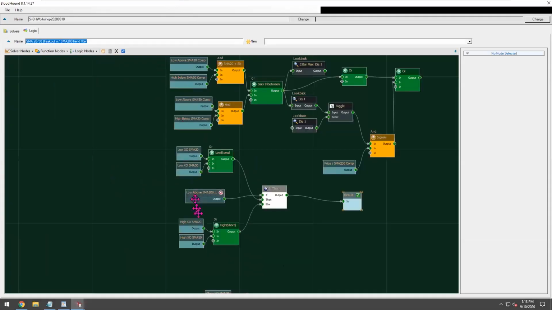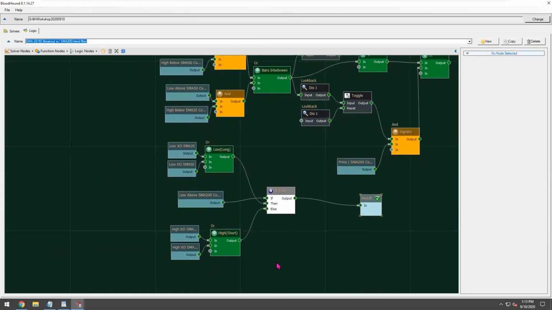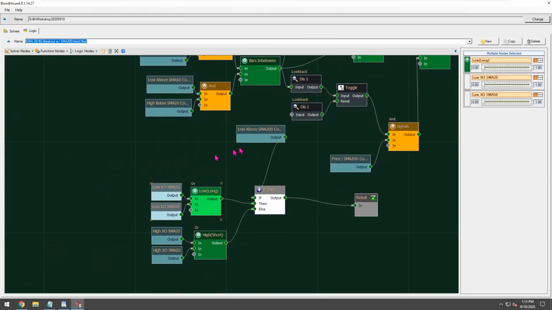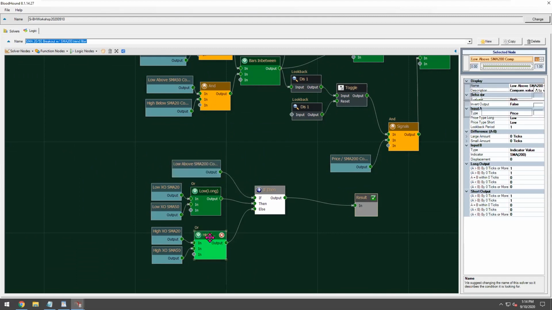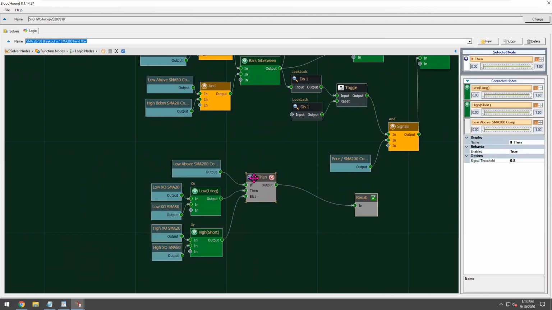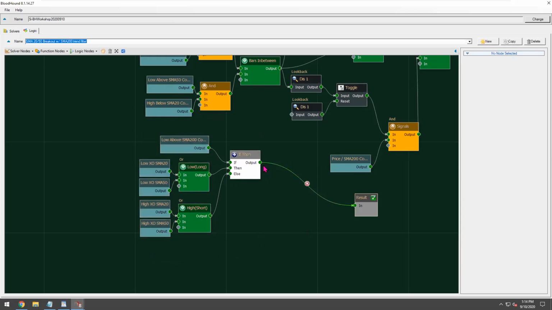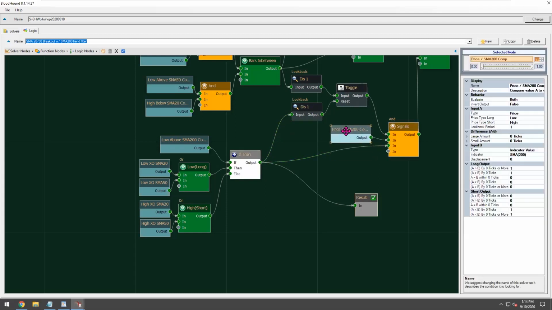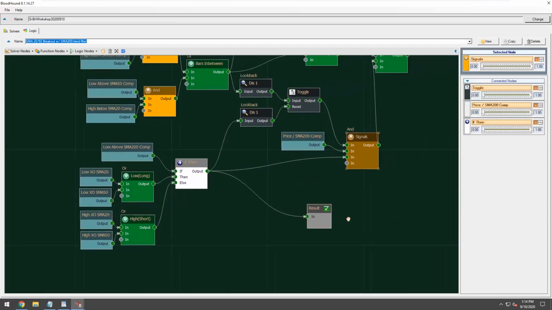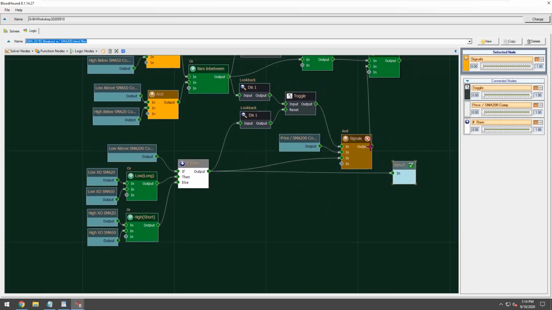The logic is starting to get a little large here. All right, so what I'm going to do is connect this into the toggle node and connect this into the AND node. Let's see if this works.